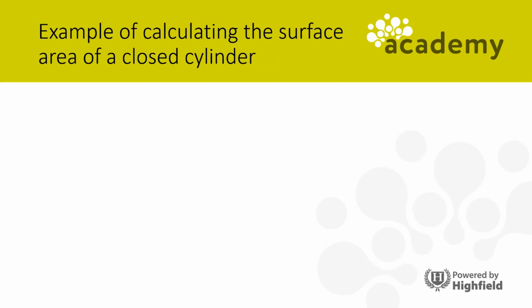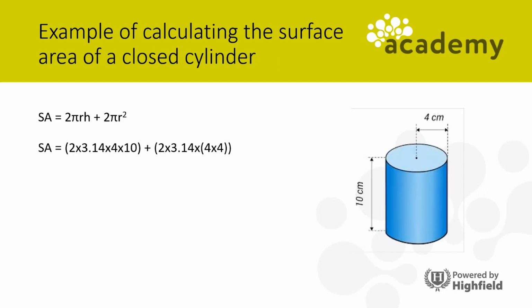So let's look at some examples of calculating the surface area of a closed cylinder. In this example, 2 times 3.14 times 4 times 10 plus 2 times 3.14 times 4 times 4, which is 251.2 plus 100.48, or 351.68 centimeters squared.